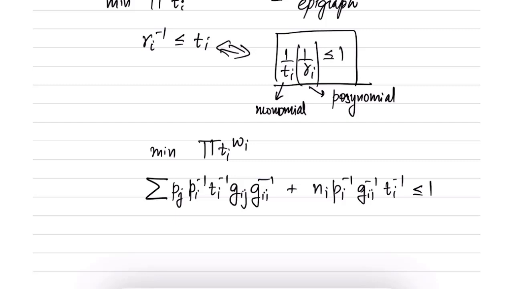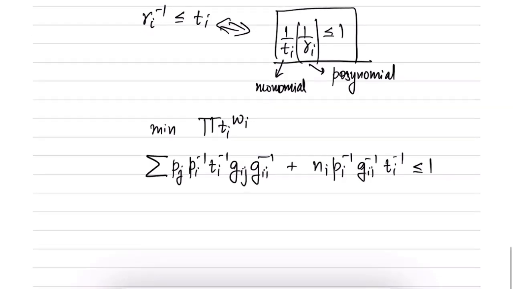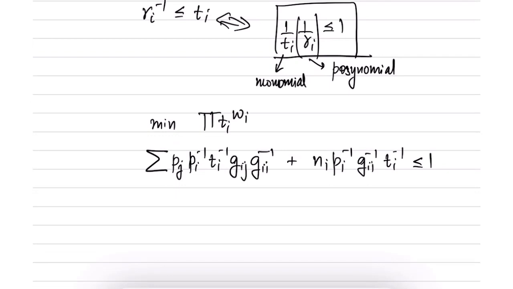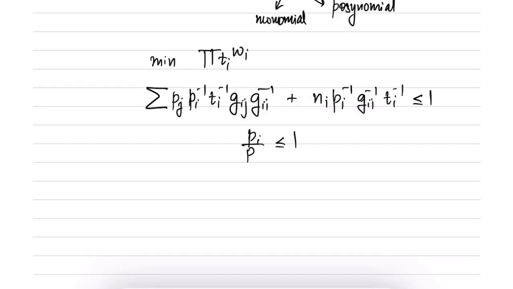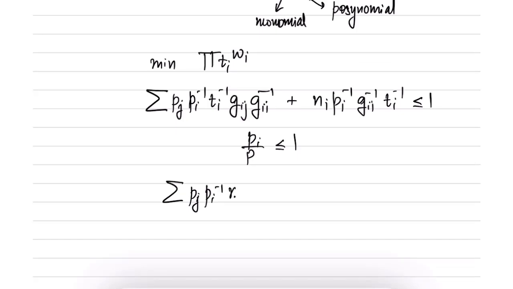You can observe that it is a polynomial less than or equal to 1 constraint, and the other constraints are that Pi by capital P is less than or equal to 1, and then finally we have the constraint that the sum over j of Pj times Pi inverse gamma threshold Gij Gii inverse plus Ni times Pi inverse Gii inverse gamma threshold is less than or equal to 1. So this is again a polynomial less than or equal to 1 constraint.